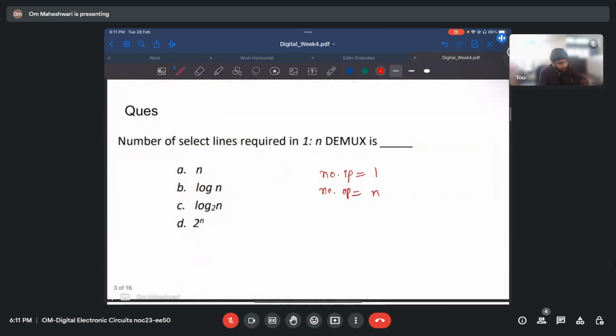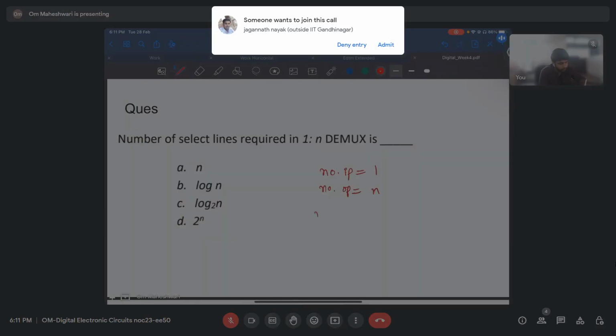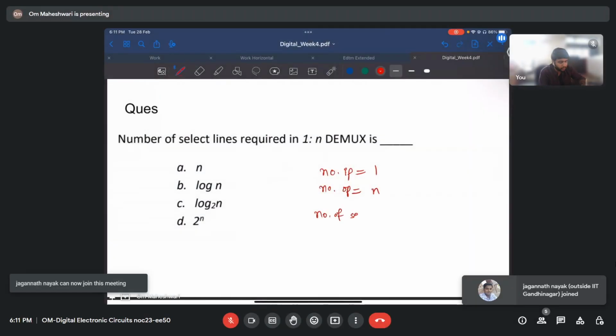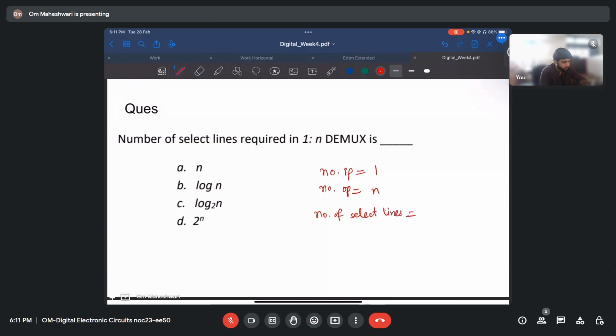So here they are saying there are n outputs, then number of select lines are log n to the base 2, right? That is C. This is the correct answer. So this is our demux.